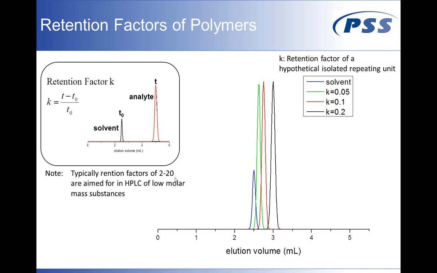And typically, if you work with low molecular weight analytes and you do isocratic adsorption chromatography, you try to reach retention factors somewhere between 2 and 20. Meaning, if you have 25 centimeter columns, you have retention times somewhere in the order of 5 minutes to 40 minutes.